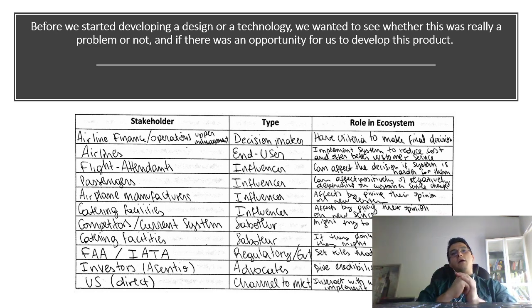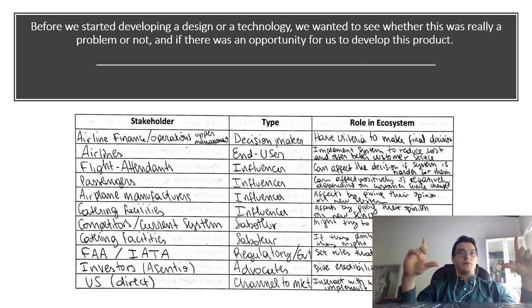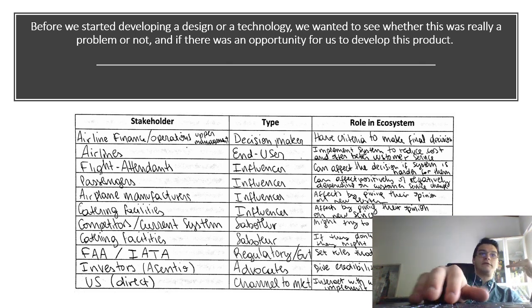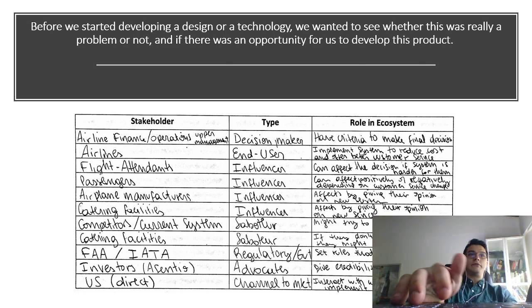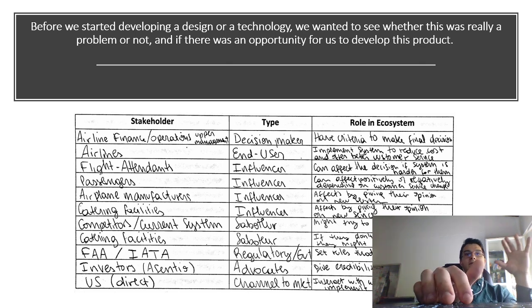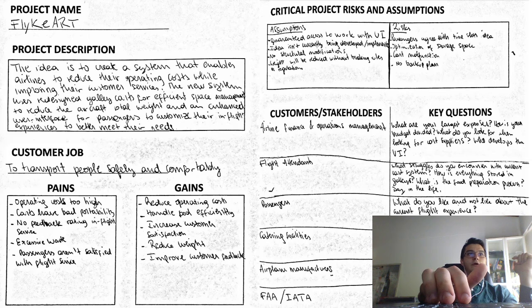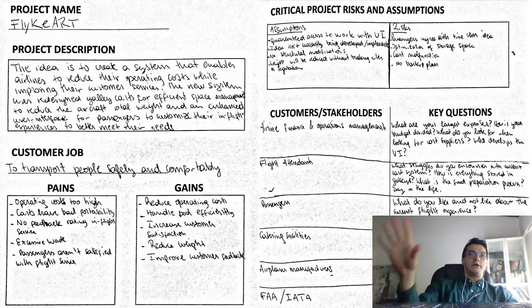So first, and this was one of the worksheets we did at the workshop, we listed out every single stakeholder, so every person involved. So here you have airlines, flight attendants, passengers, airplane manufacturers, catering facilities, and we basically categorized them, right? Decision maker, influencer, end user, advocate, saboteur, and then what their roles were. And then we also created a chart of the project, right?